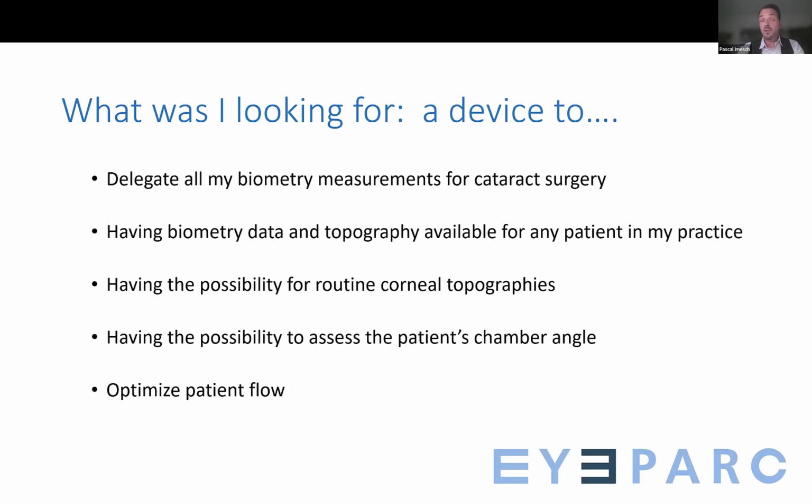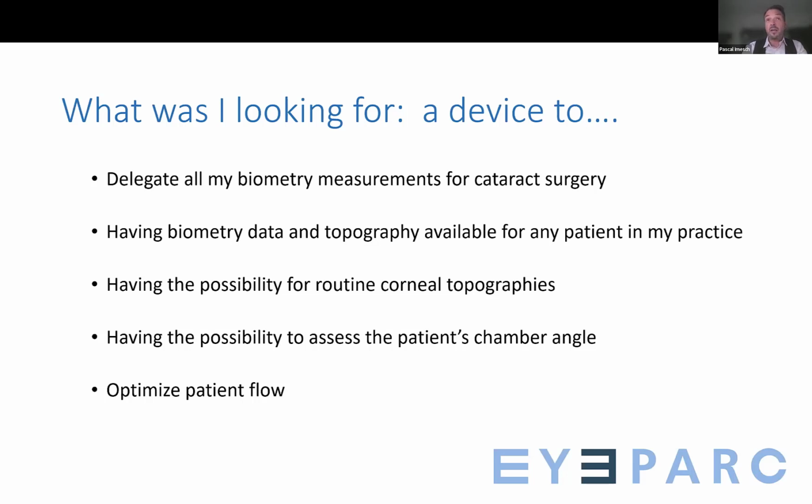I wanted also to somehow easily assess the chamber angle of the patients. And I wanted to have that optimized, not always thinking about what to do, where to send the patient, and what examination to do.